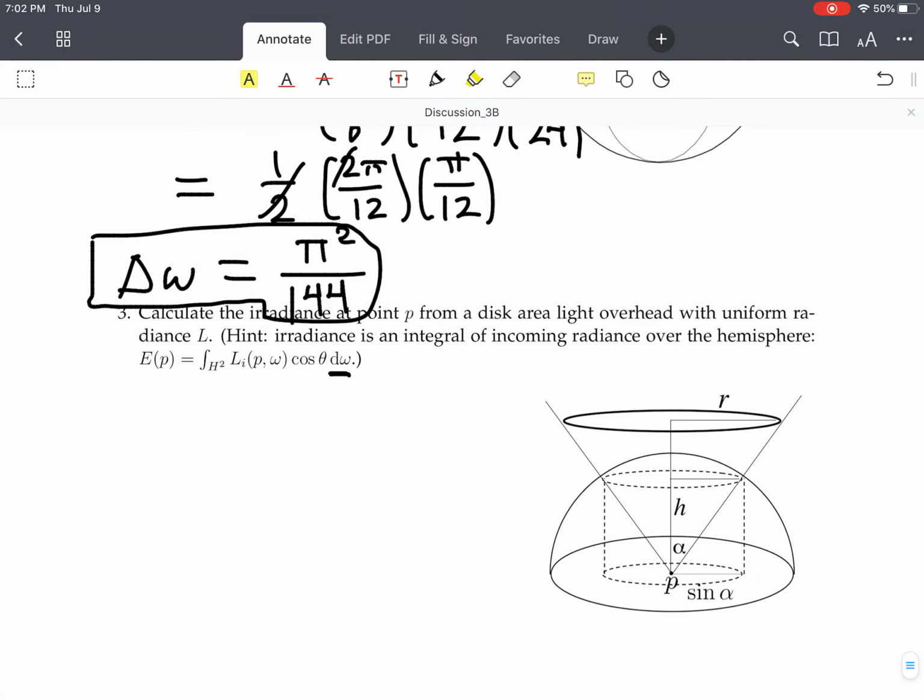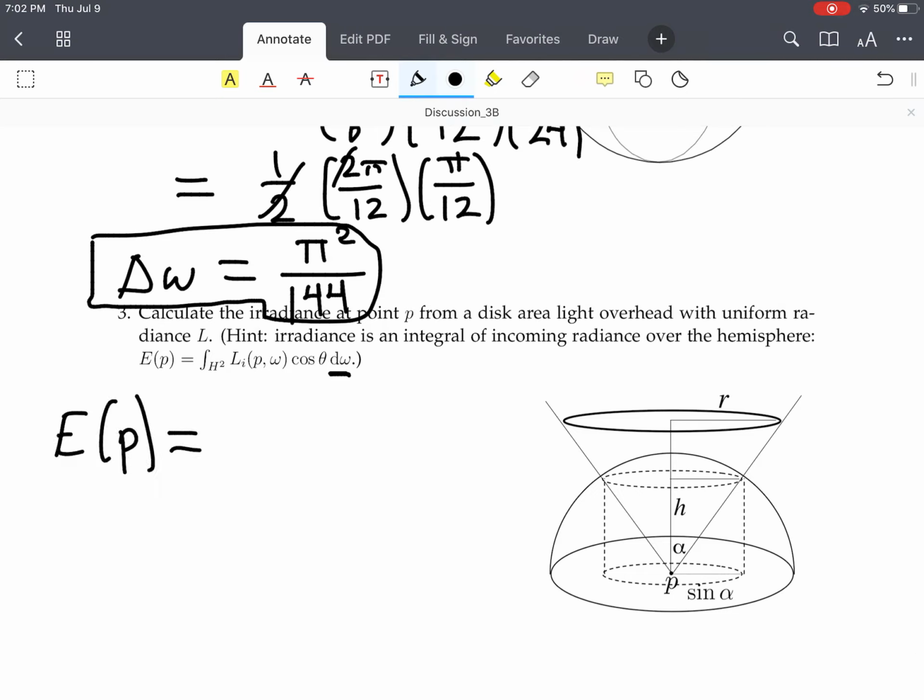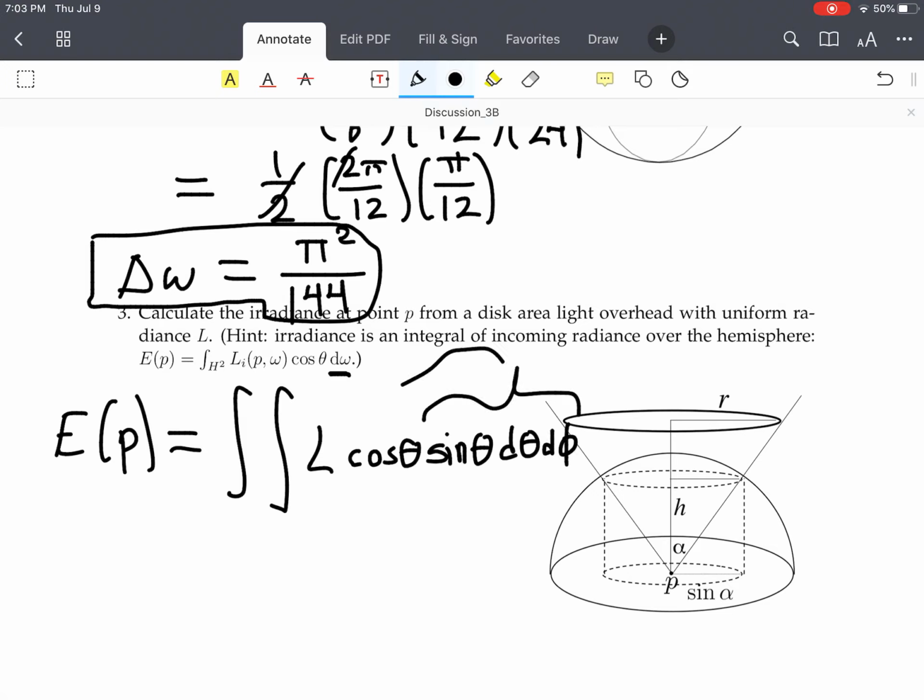So let's change the parameters here. So it's going to become E of P equals the double integral of L cosine theta sine theta d theta d phi, right? And this is all coming from the d omega. We used this change of basis to d theta d phi, and so that's why we have the double integrals now.